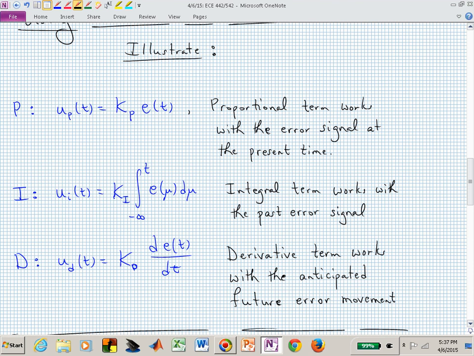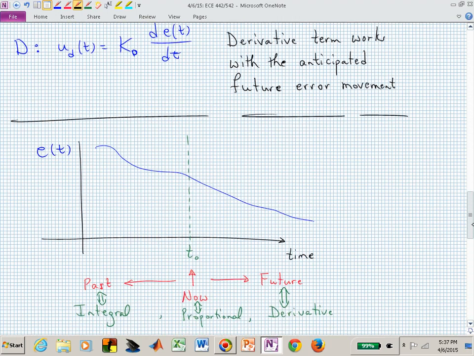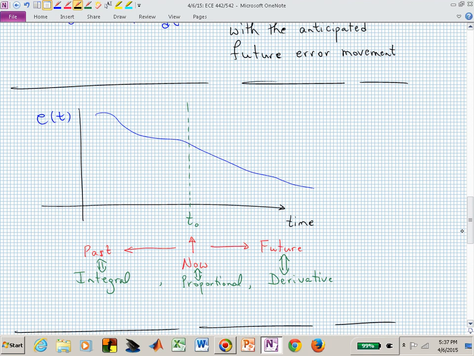You have three pieces to that controller, and all three are doing a slightly different function. You could visualize what they are doing in this plot. Let's assume that you've designed your controller to reduce the error. I have now drawn an error trajectory, and I've arbitrarily located now as t sub 0.